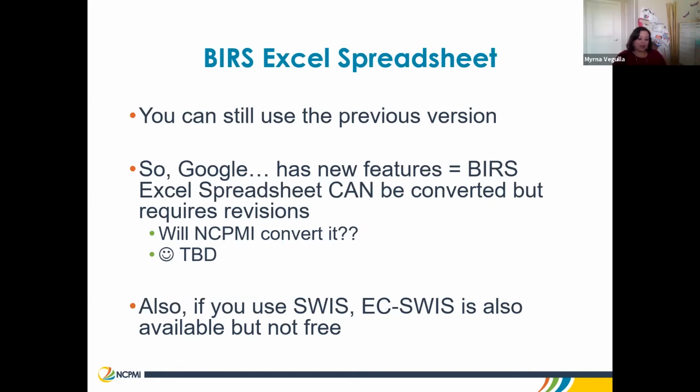But now Google does have the functionality. It does have all the features that match the Excel spreadsheet. So the good news is that it can be converted into a Google Sheet, which is really exciting for a lot of people, because if you have a Google Sheet, you can have a Google Form.